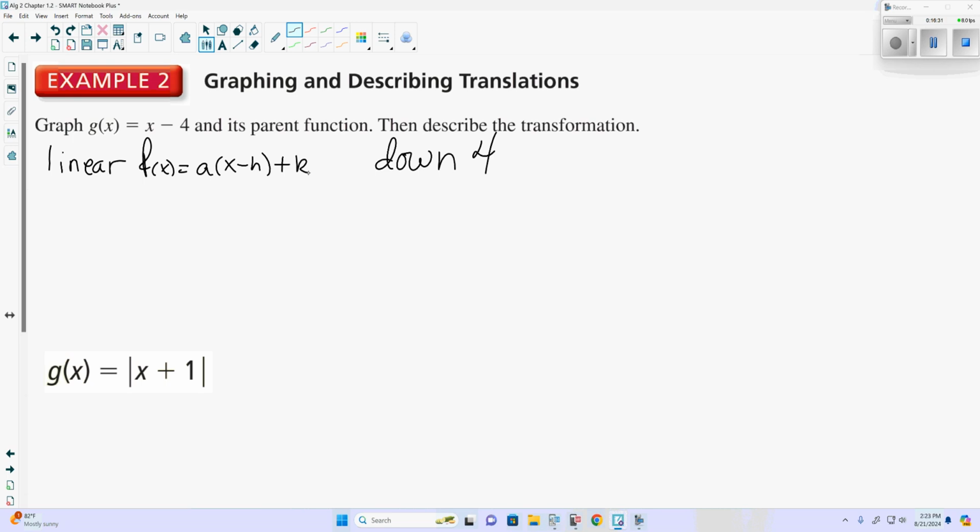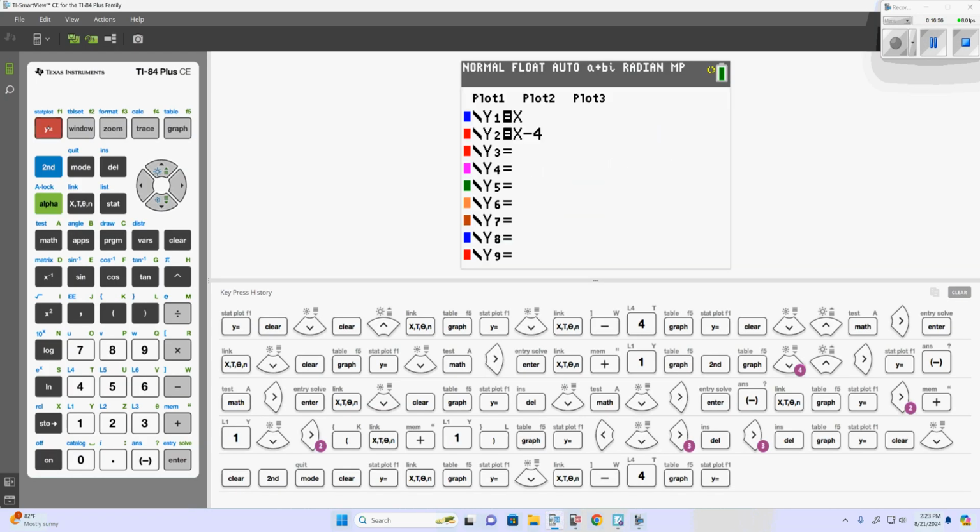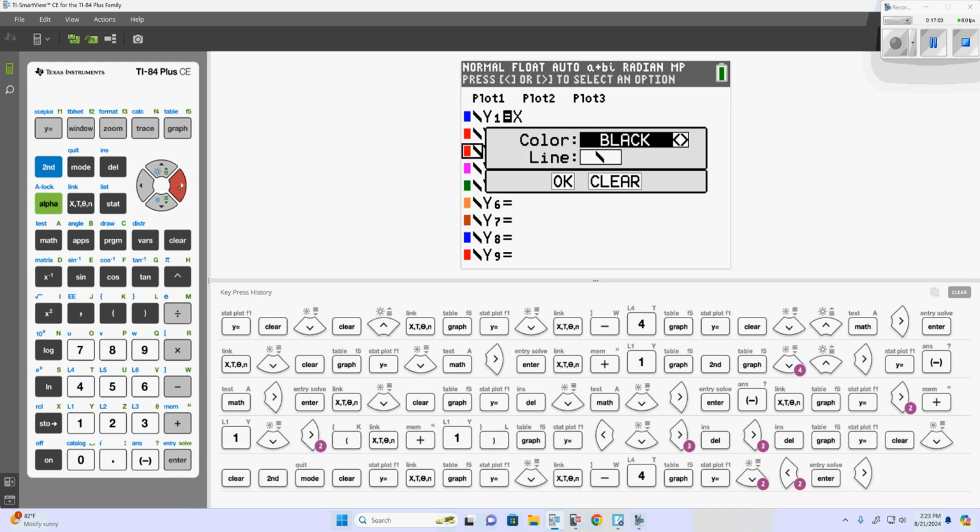Not moving left or right. H is left and right. But do we have a value for k? Well, yeah, the minus 4, yes? So the value of k is 4. So that's where we get the 4 from. And since it's negative, it is going down. If it had been plus 4, it would have been going up. We can see that graphically, because here, well, I need some other color than red.